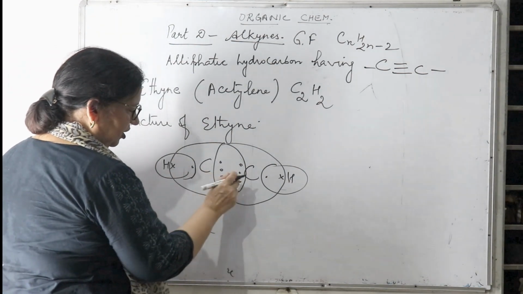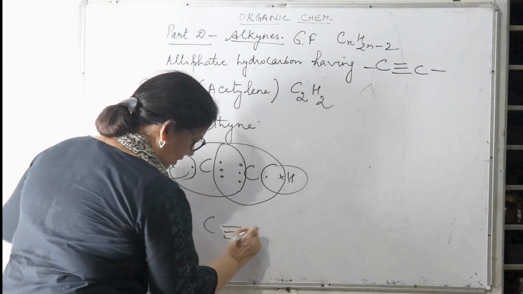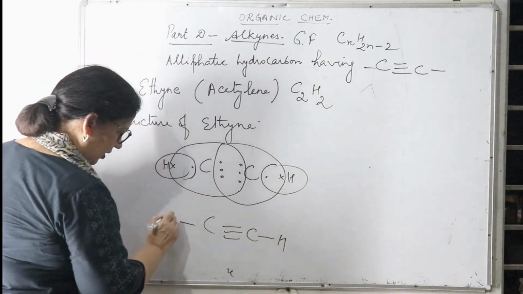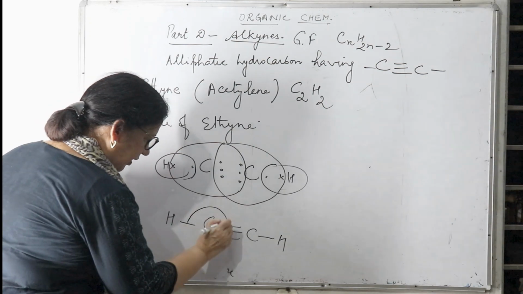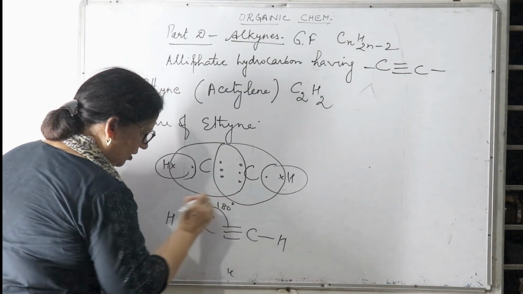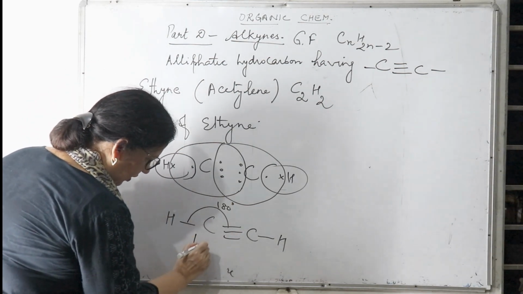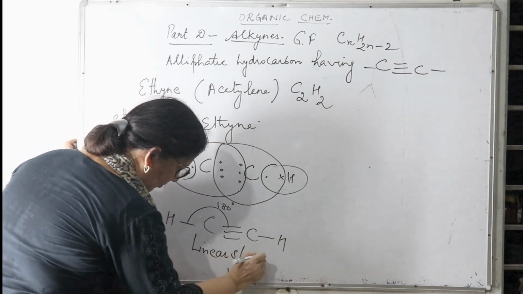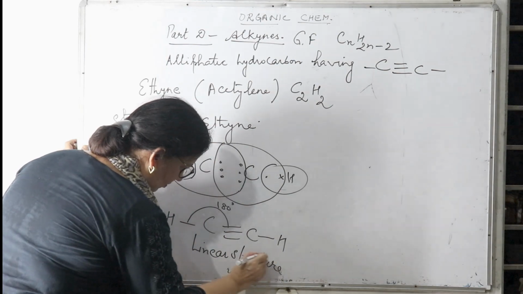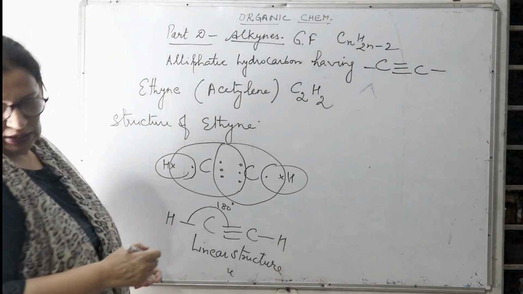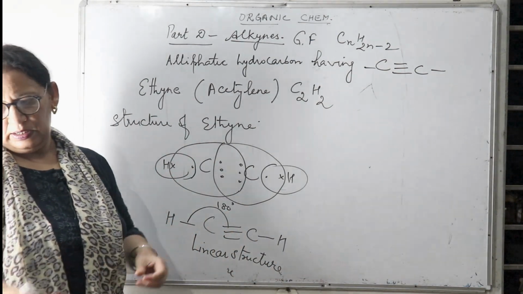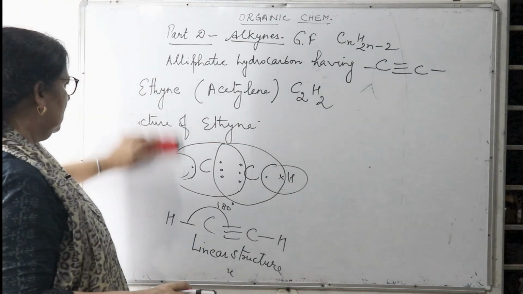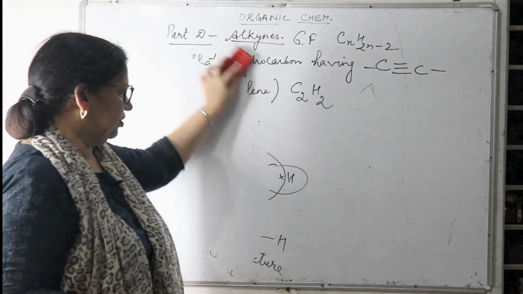So it has shared 3 electrons with the carbon, so a triple bond is there, and a single bond with the hydrogen, and this bond angle is 180 degrees, and this structure is known as linear structure. So this is the structure of ethyne.